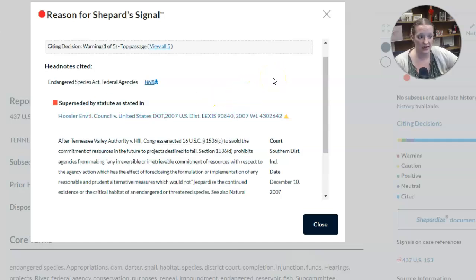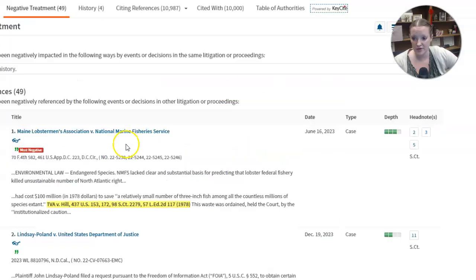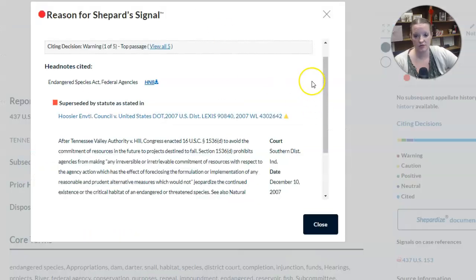So this should highlight the differences between these determinations. You may or may not agree with this determination. You may agree that, not Hoosier, but Maine Lobstermen's Association was more significant in terms of that negative treatment.